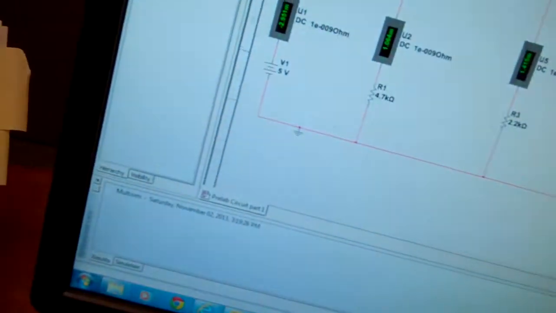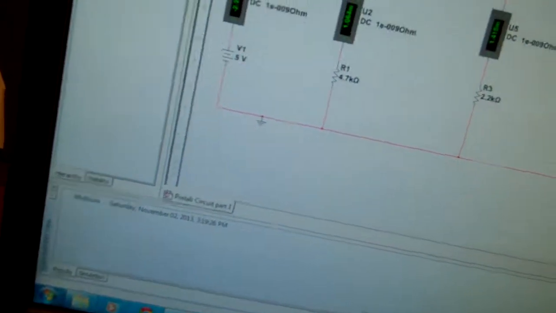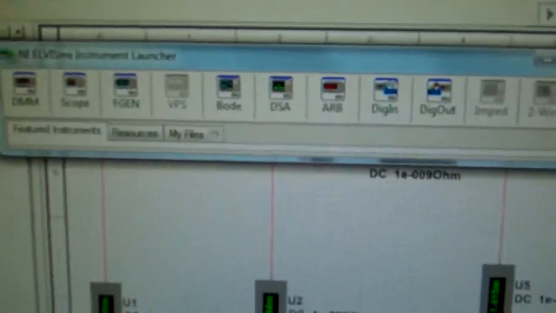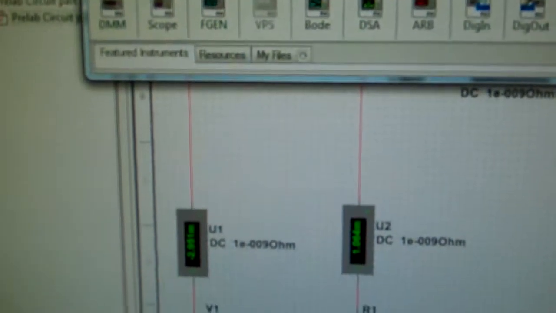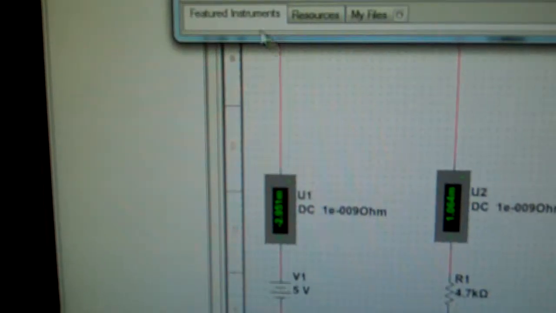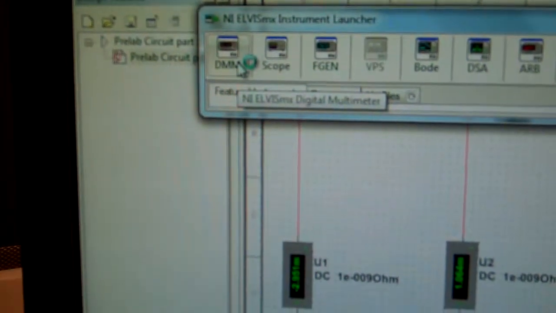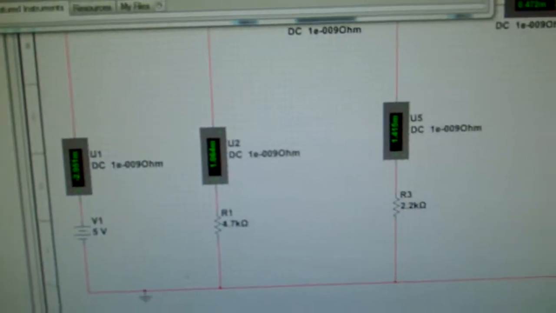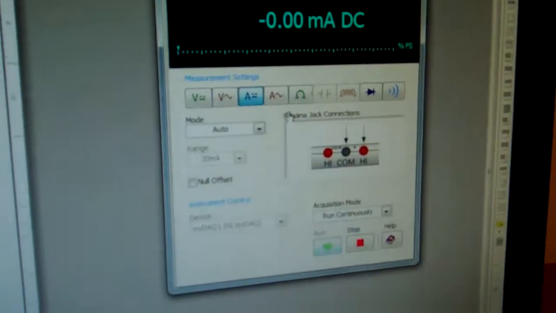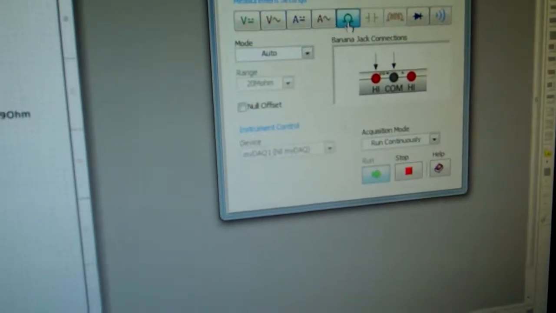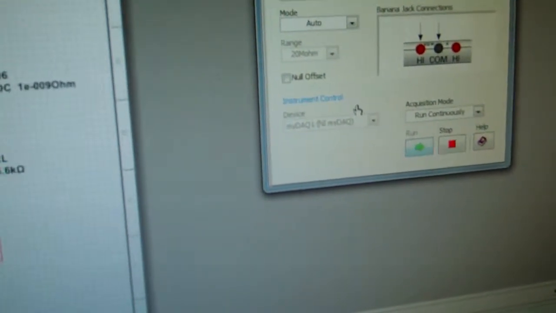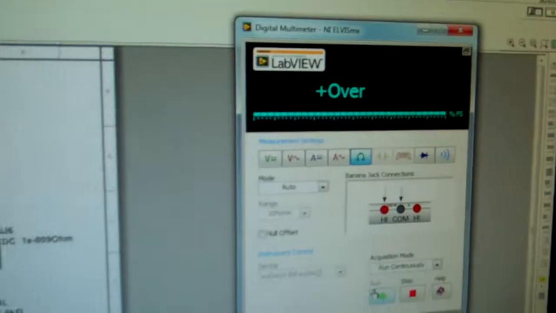And how you can accomplish that is if you pull up the NI ELVIS toolbar or instrument launcher, you can pull up the digital multimeter, and there is an ohmmeter as part of that.